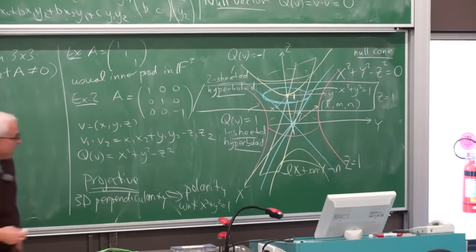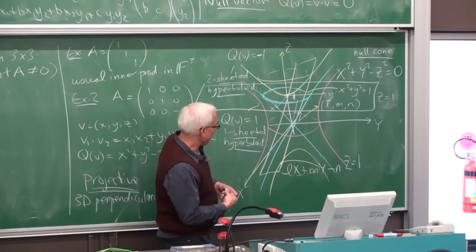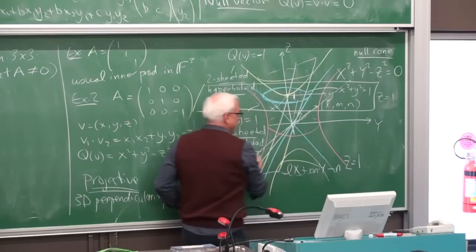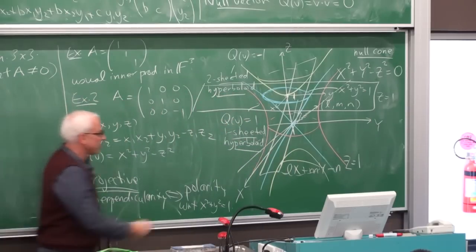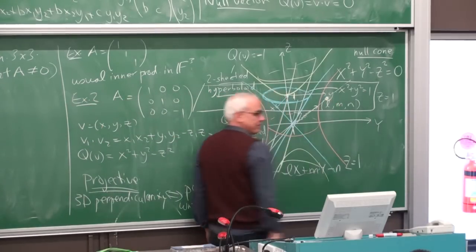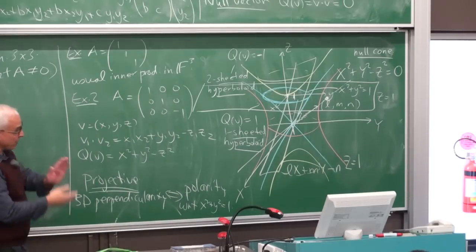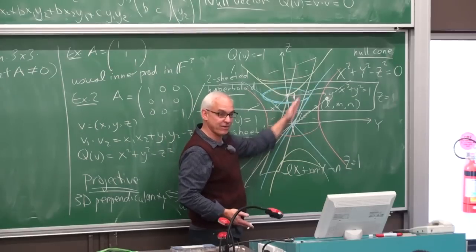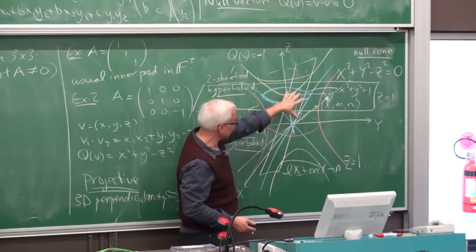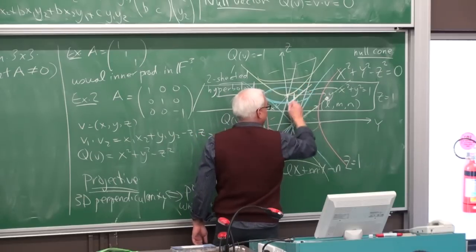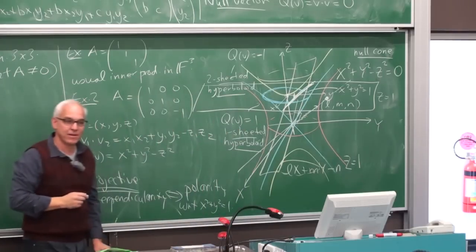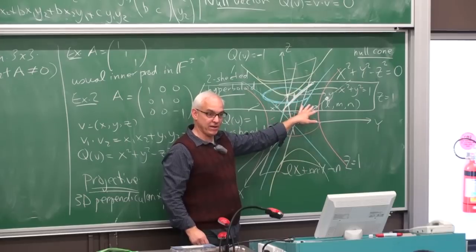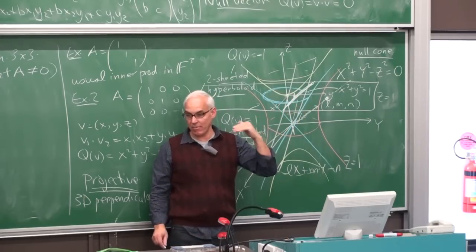So what do I mean there? Well, I mean if we took our, say, vector that we were looking at through L and M and N, then that will meet this viewing plane in some point. And if we look at its perpendicular plane, the plane that I drew here, and see where it meets the same viewing plane, then the relationship between this point and this line in the viewing plane is exactly the polarity of Apollonius.